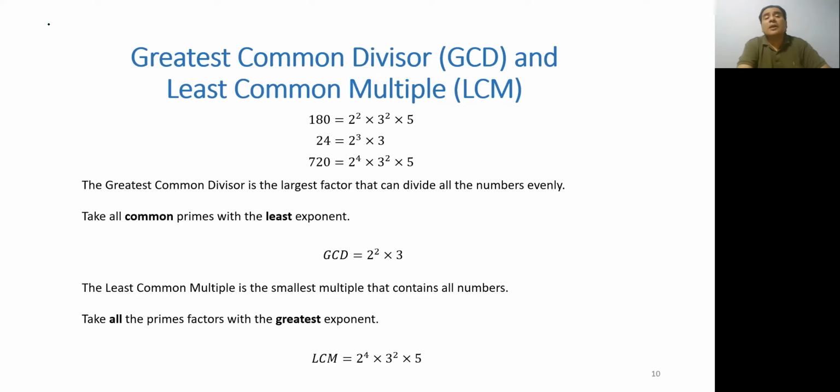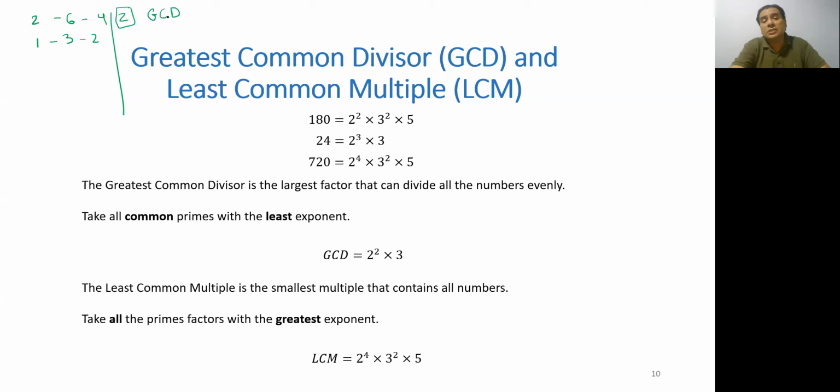If they tell me, find the greatest common divisor of 2, 6, and let's say 4. I just check by which common factor you can divide continuously all 3 numbers. I can divide by 2, I get a 1, I get a 3, I get a 2. I have no other divisor I can divide by except 1. So that would be it.